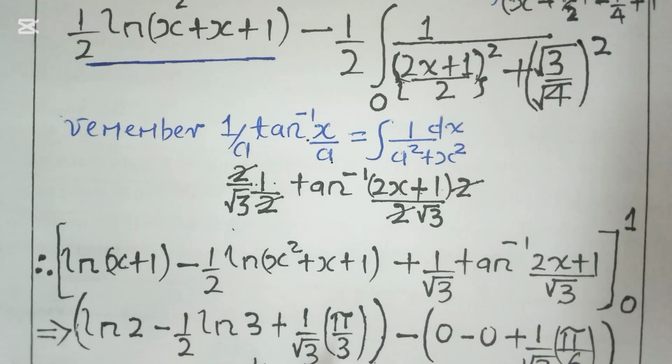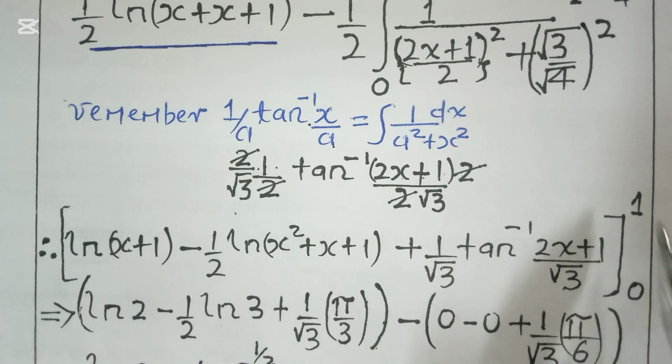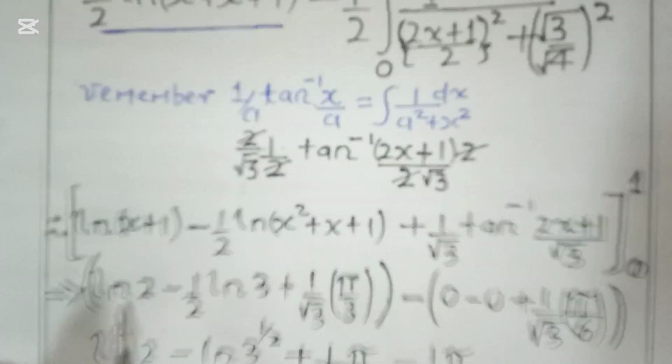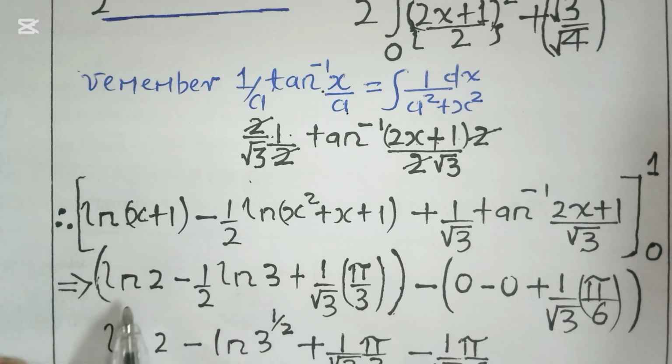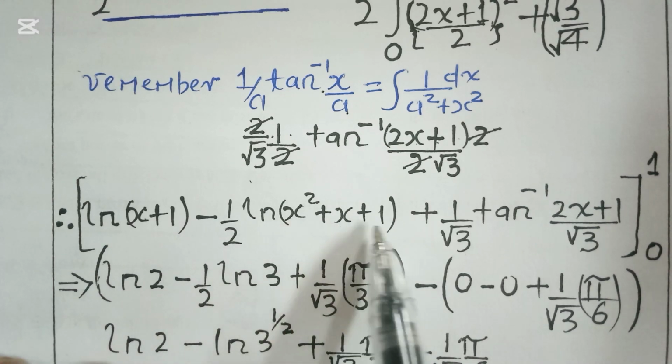From there, guys, we just come and now put in our figures. That is 0 and 1. So when we put 1, we're going to have 1 plus 1 here is to be a natural log of 2 minus, if you put 1 here, it's going to be 1 plus 1 plus 1.